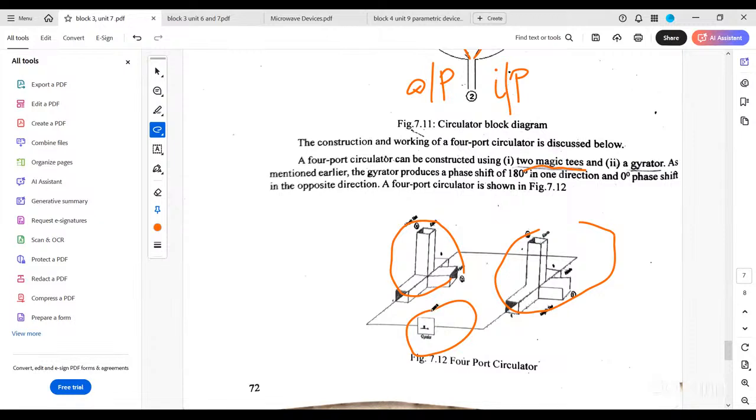Pi, a 180 degrees phase shift. This gyrator produces a 180 degrees phase shift in the downward direction. In the upward direction, it produces a 0 degrees phase shift. Just check this diagram: 180 degrees phase shift downward and 0 degrees phase shift in the upward direction.